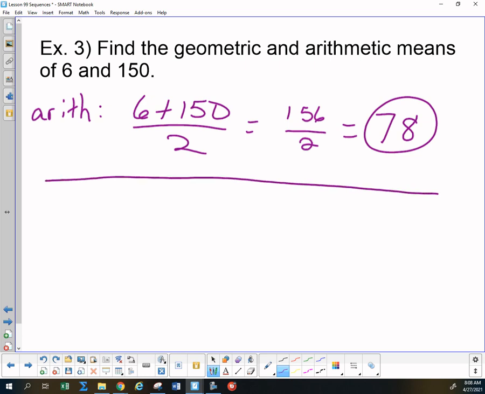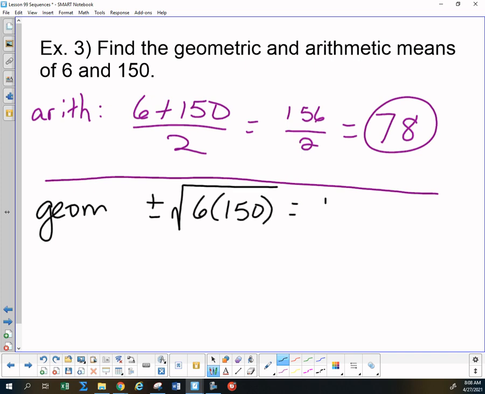And then let's also find our geometric mean. And we're going to have two of them. Positive or negative square root of 6 times 150. So positive or negative square root of 900. And what's the square root of 900? Quick mental math. Shout it out, everybody. So 30.